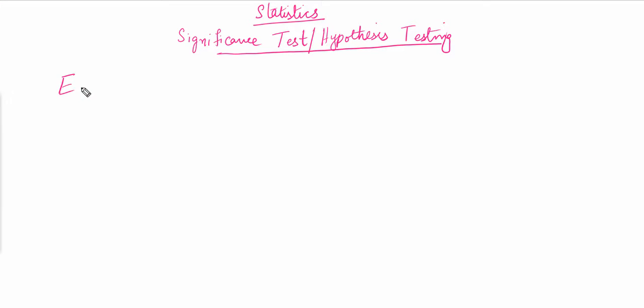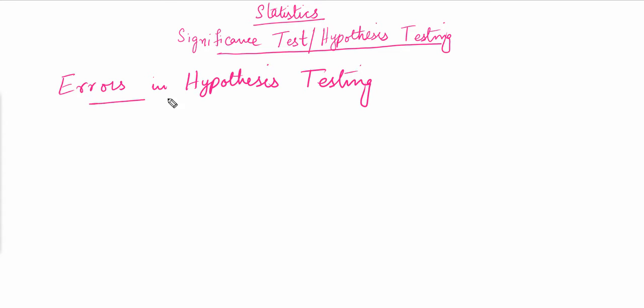The errors in hypothesis testing: there are two types of error, the type 1 error and the type 2 error. For that purpose, I'll just draw a table over here, and from this table I will explain what will be our type 1 error and what will be our type 2 error.